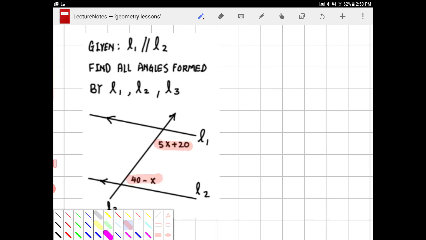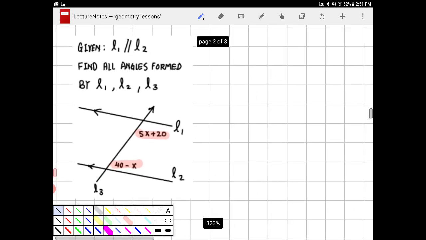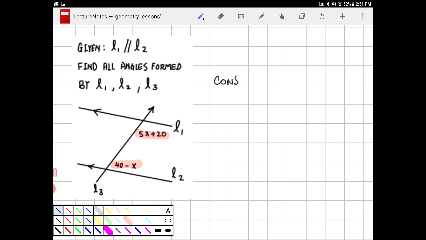Are these alternate interior, alternate exterior, consecutive interior, or consecutive exterior angles? Pause the video and see if you can make out what this is. This is, in fact, consecutive interior angles.